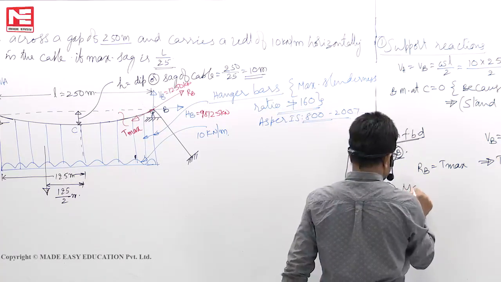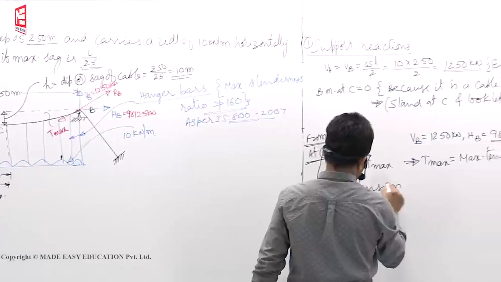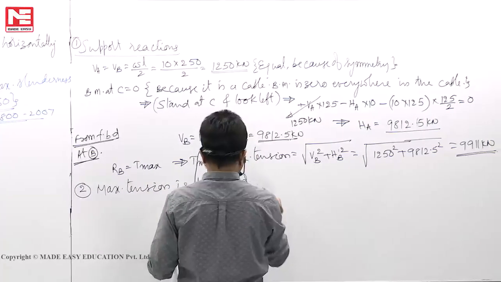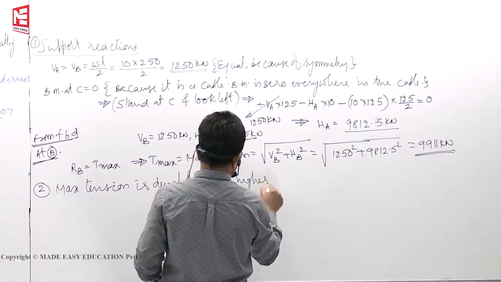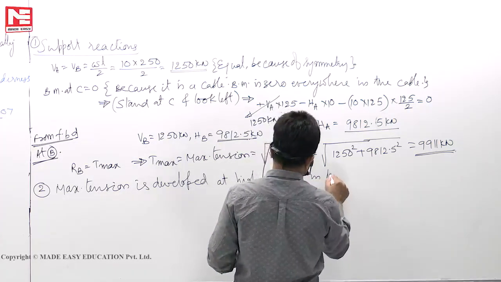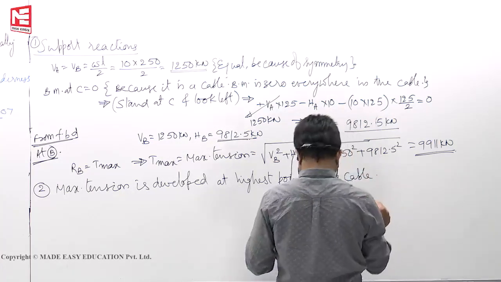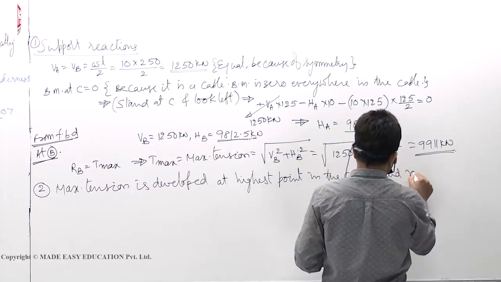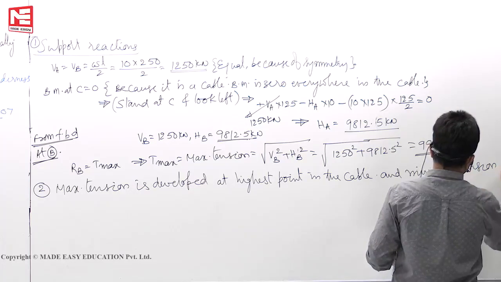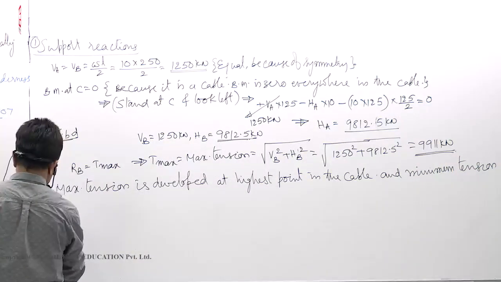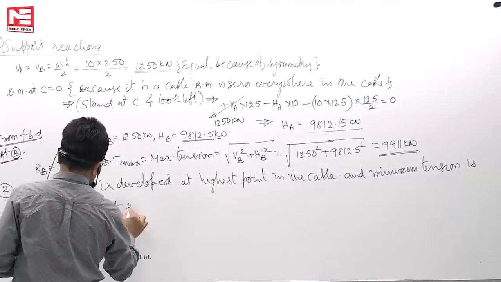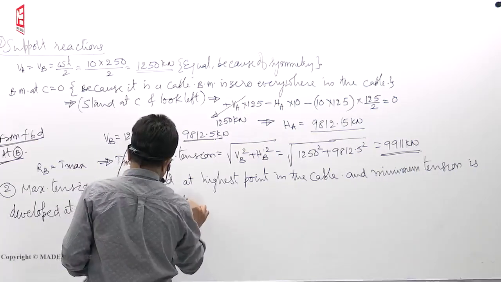Maximum tension is developed at the highest point in the cable, and minimum tension is developed at the lowest point in the cable.